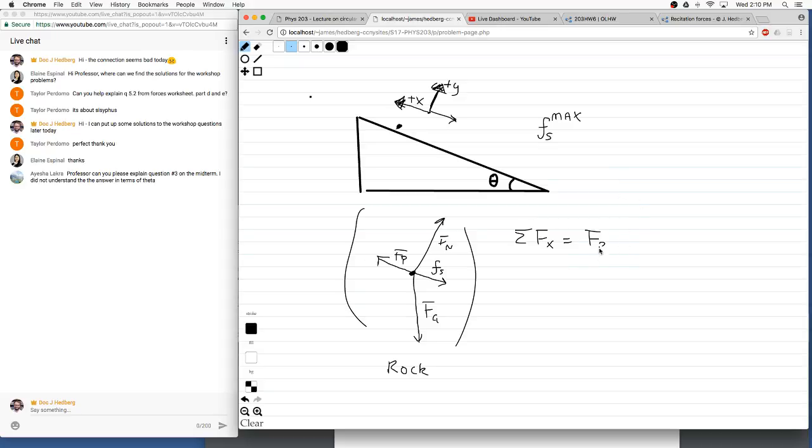And then what's going down the ramp are a component of gravity, right? I can see right away, I've done this 30 times now, that it should be equal to Fg sine theta, and also there's static friction. And if everything's in equilibrium, then that should equal ma, or it always equals ma. If it's in equilibrium, it will equal 0.